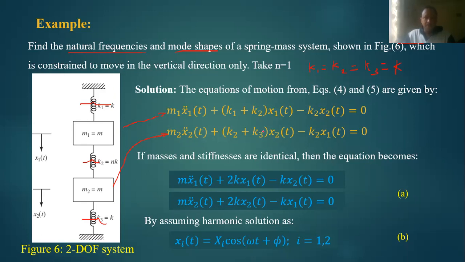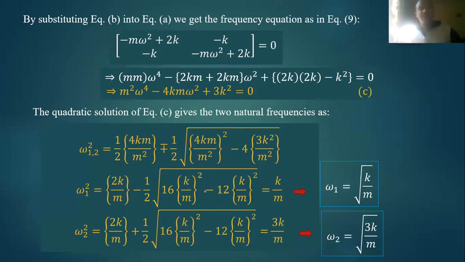Here k2 plus k3 is 2k. Here minus k means simply k. We substitute these values and then we assume a harmonic solution of this type. We differentiate this two times and then substitute in the x place. So finally, from that, we can find this equation.